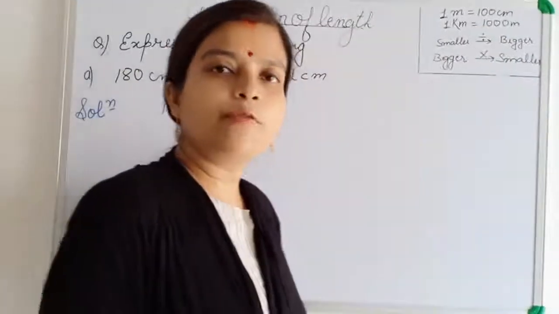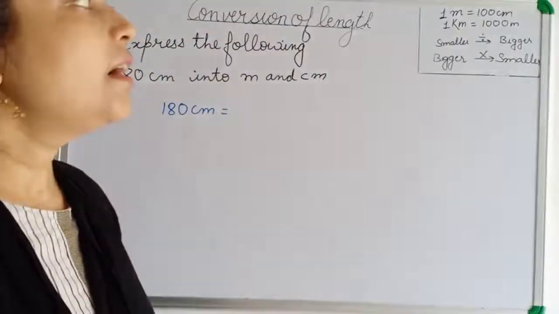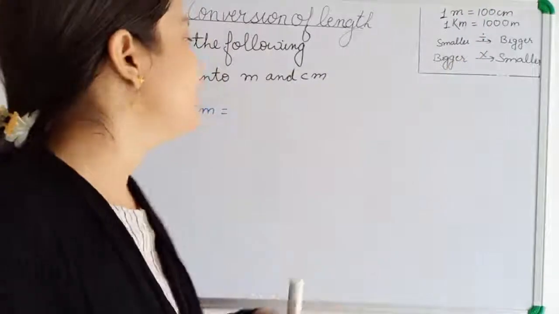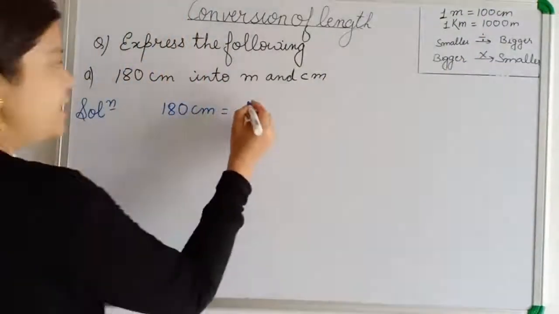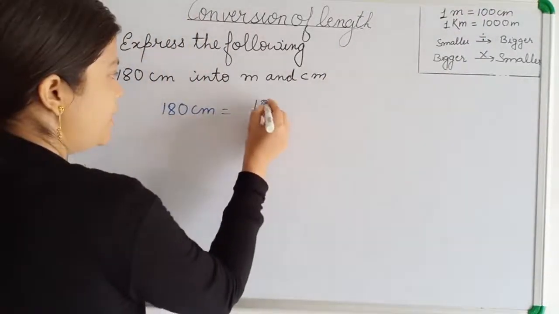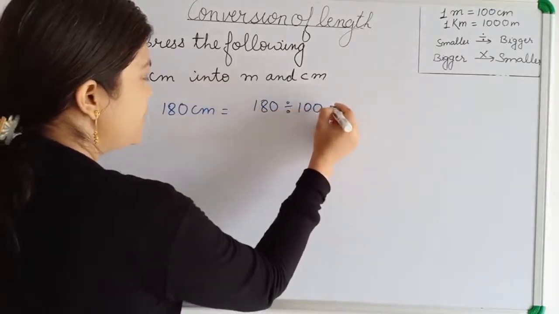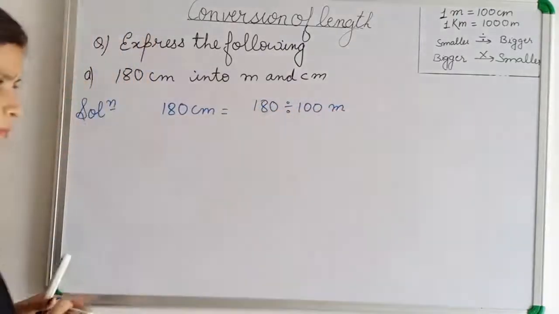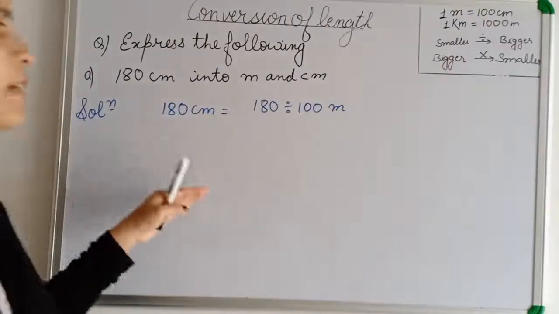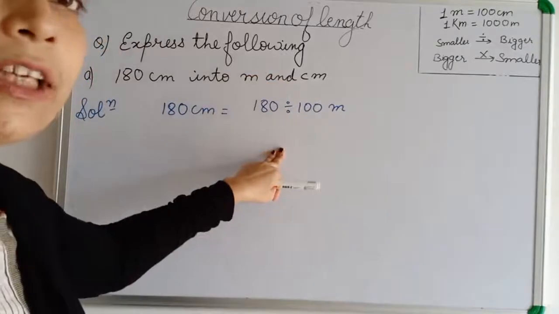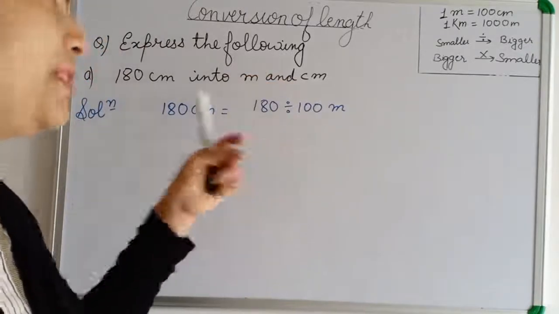We have to divide by 100. Everything is clear to you? So here we are dividing 180 by 100. By dividing, what we get as a quotient will be meter, but the remainder we get will be centimeter.